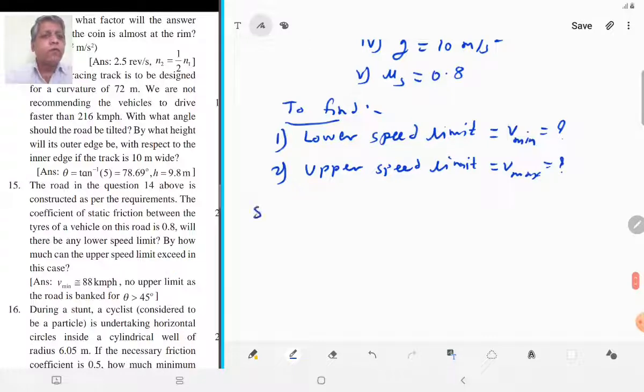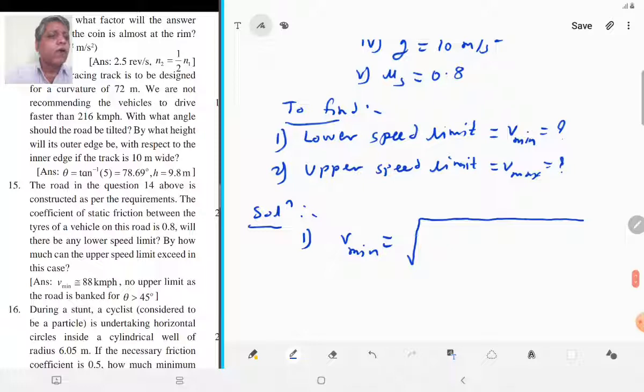Now we use the proper formula to find lower limit. V minimum is equal to square root of Rg into bracket tan of theta minus coefficient of static friction upon 1 plus coefficient of static friction into tan theta.